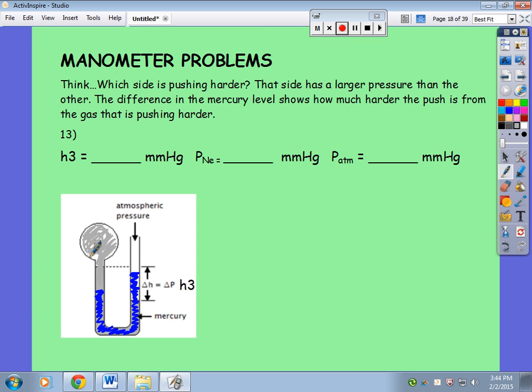Okay, now who's winning? The inside is winning, isn't it? It's pushing harder. How do you know? Because the level of mercury on this side is lower and this side's higher. So this is pushing harder. Now, I give you that this is 825 millimeters of mercury. That's the outside. I give you H3, which is 60 millimeters of mercury.